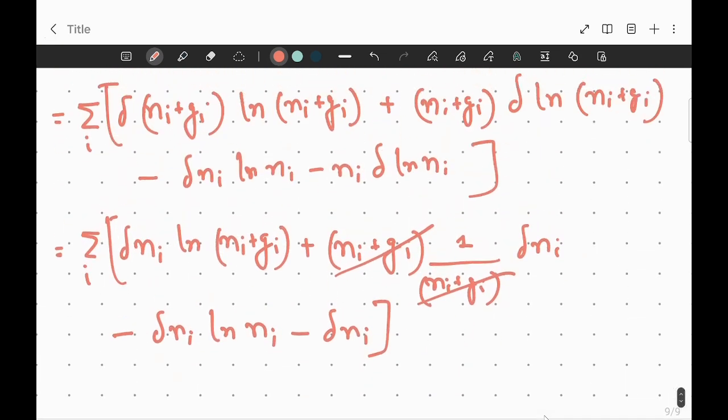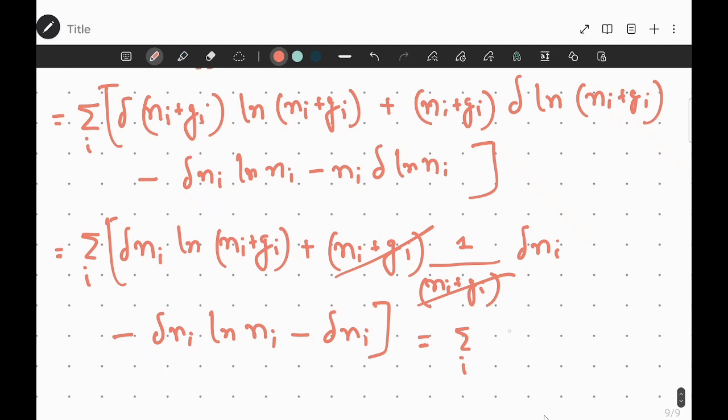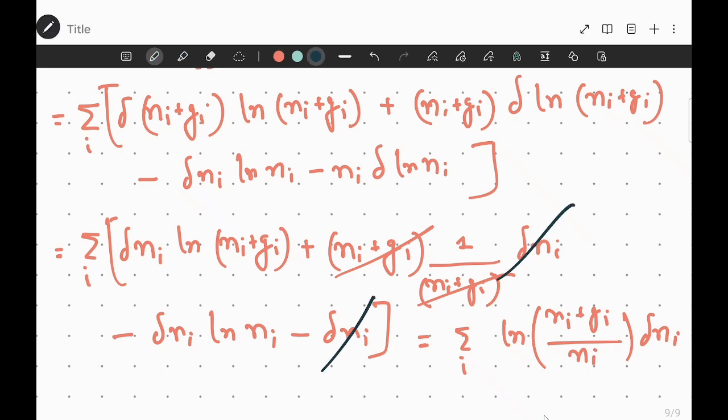So it will eventually be the sum over i of ln of (Ni plus Gi) by Ni, into dNi. Just check whether it's correct or not. This dNi and this dNi will be cancelled out. So only this term appears.